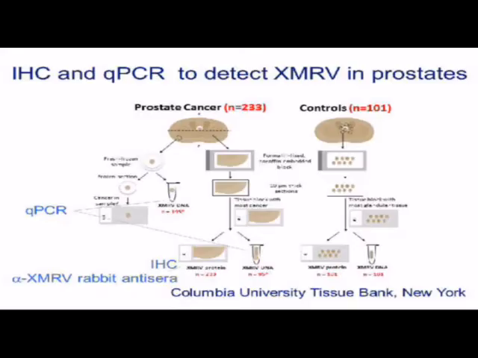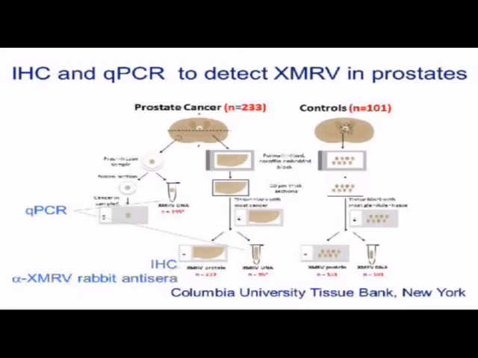So here's our study. This was done when we were still at Columbia University in New York. We looked at 233 consecutive cases of radical prostatectomy that came to the hospital at Columbia. And we looked at 101 controls. To get control prostate tissue, you can't really ask a normal person because they're not going to say, yes, go ahead, take my prostate out.